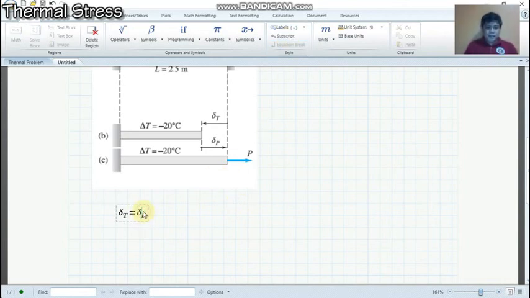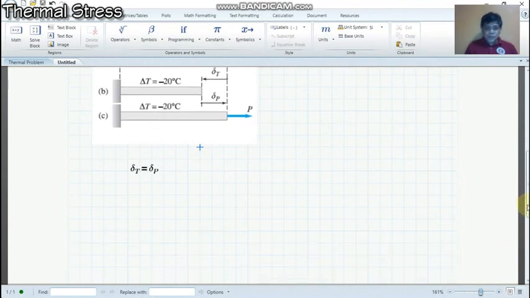So there we have the compatibility equation. So all we have to do now is to substitute the values.